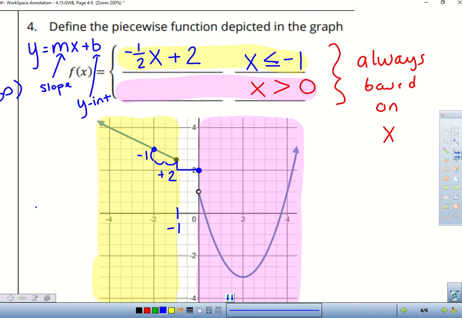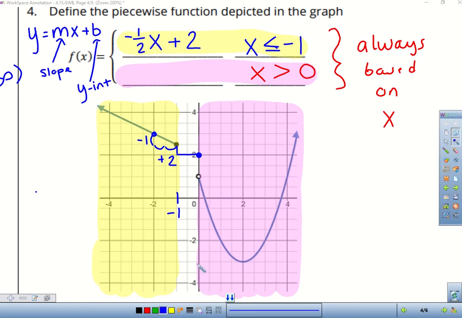Now we're going to do the quadratic. Keep in mind the graph is a little bit weird. It's going by 0.5s, so don't let that confuse you, okay? What is the vertex of this? Good. 2, -3.